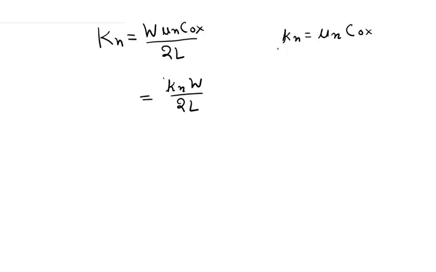Okay, and this small kn is basically a system or a material parameter. Not exactly a material parameter, but I would say more of a system parameter, or technology parameter.